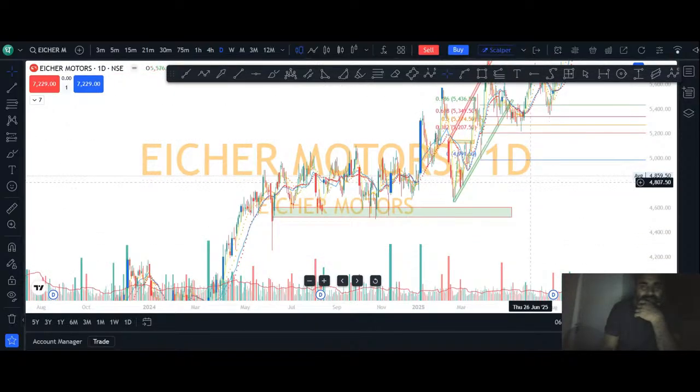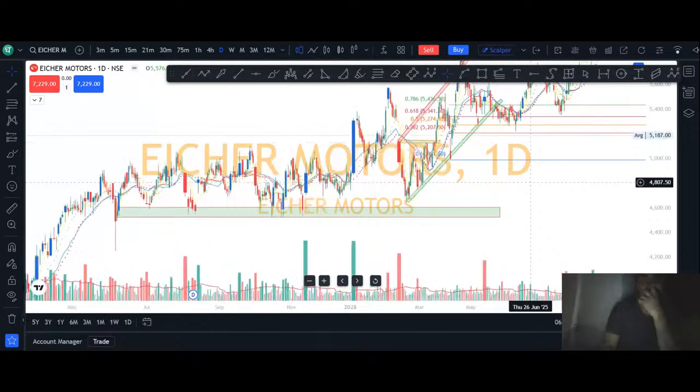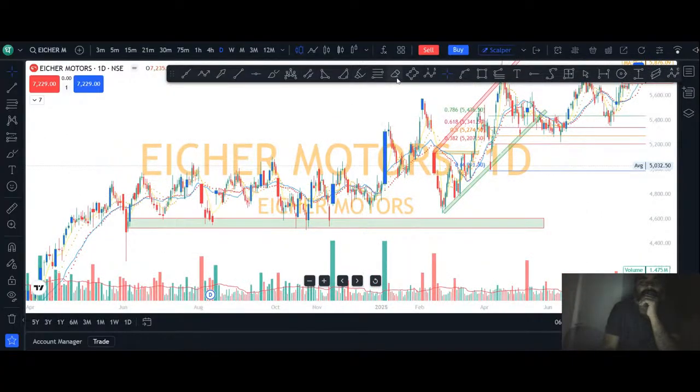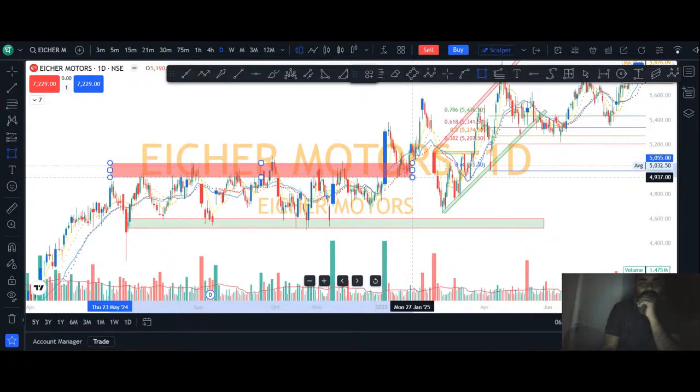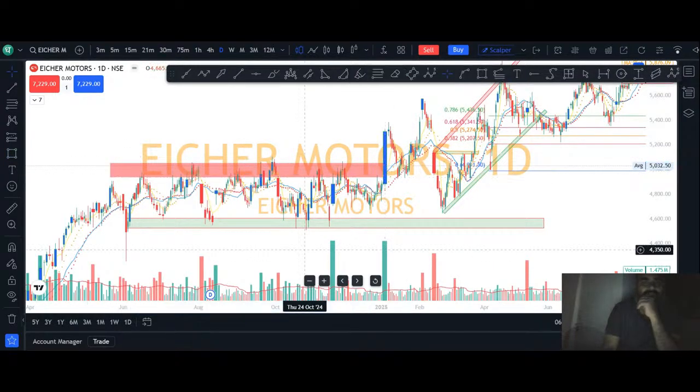Thereafter, the price went to a sideways zone, or what we call an equal top, equal bottom, or equal consolidation zone. What we call is, yes, this zone here.